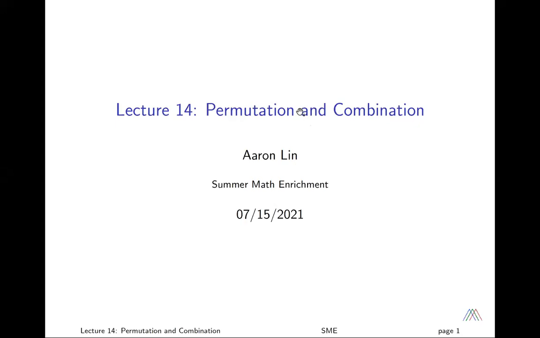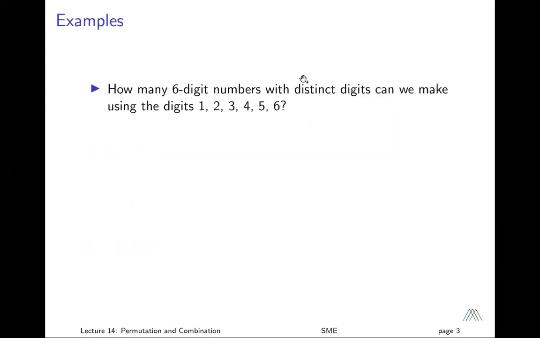Okay. So hello, everybody. Today we're going to talk about permutation and combination. We'll start with an example. How many 6-digit numbers with distinct digits can we make using the digits 1, 2, 3, 4, 5, and 6?